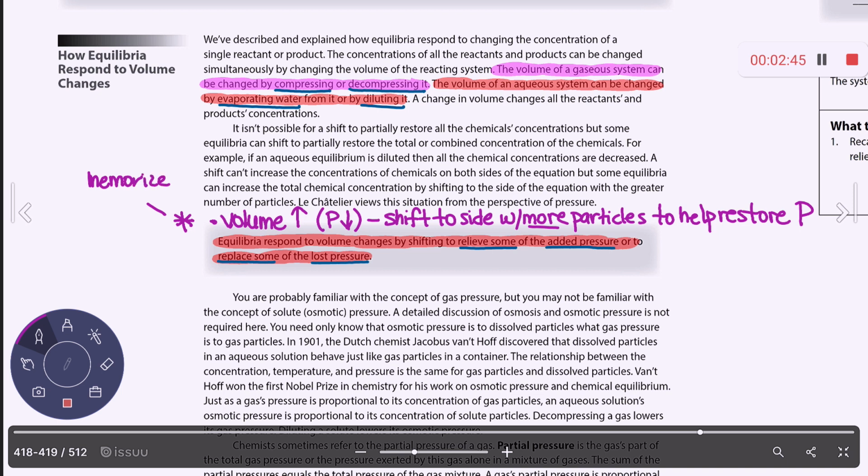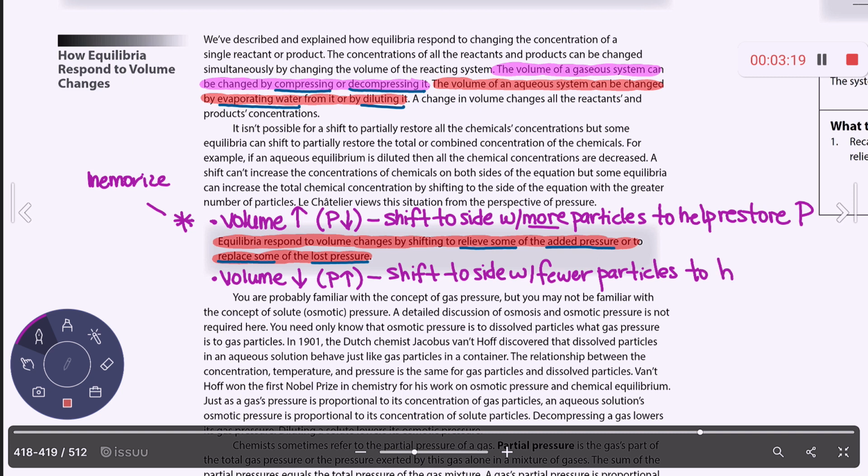And then there is one more scenario, and that's decreasing the volume. So let's write that down here. If I decrease the volume, that means the pressure will increase. So that means we should move to the side with fewer particles to help reduce that added pressure, and that will help us get back to equilibrium.